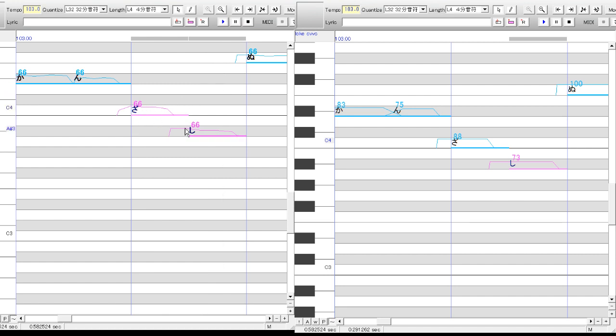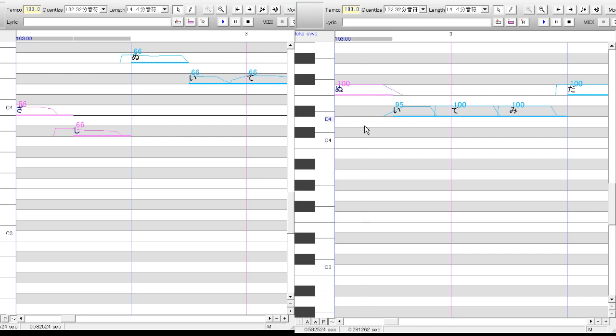You can hear that the velocities are both 66, but the envelopes change it. Just like these have default envelopes, but they're different also. It's important to do velocity even if you logically could do everything with envelopes, just because sometimes you do get into situations where you completely need to reset the envelopes.